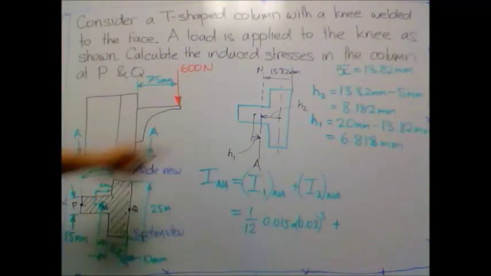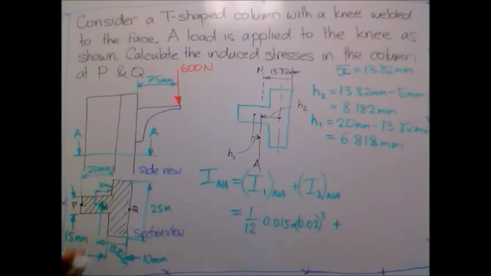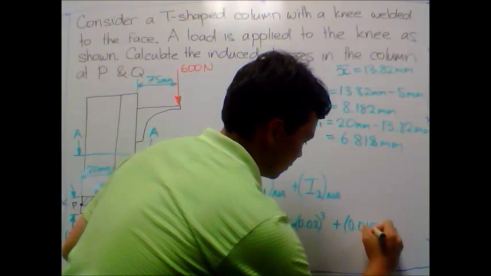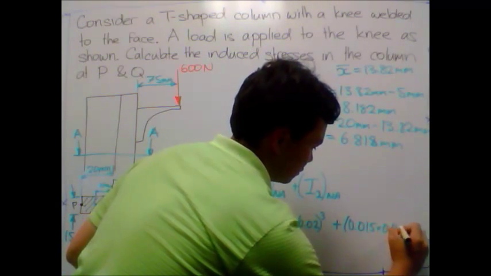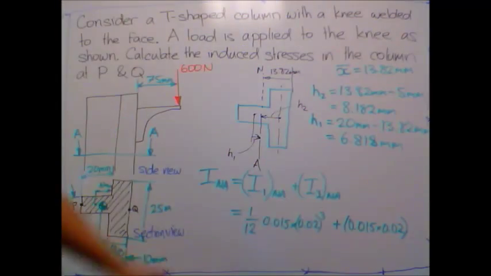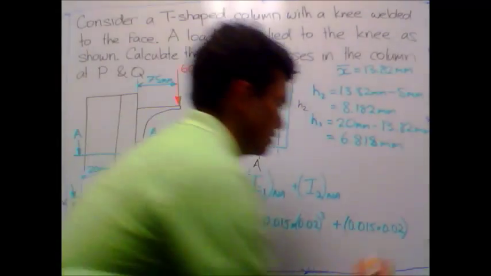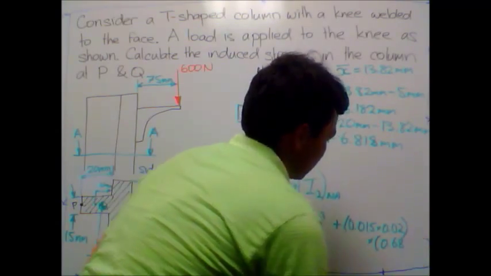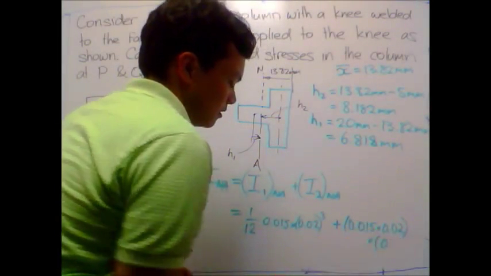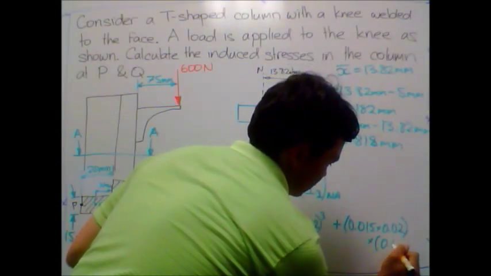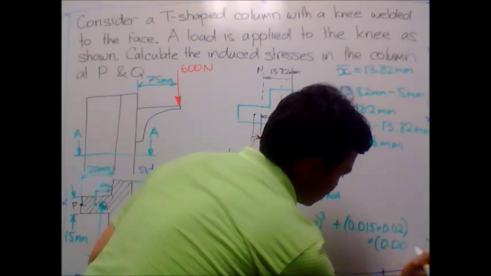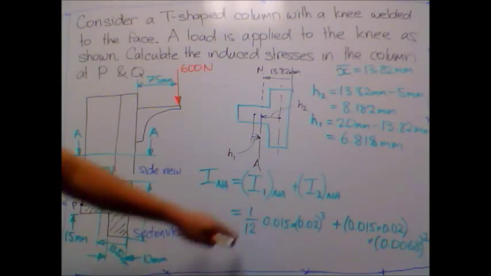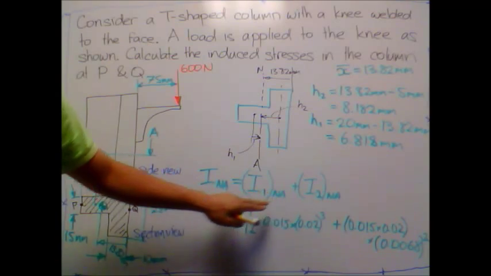The area of my shape is 0.015 times 0.02, times h squared, so times 0.006818 squared. That's my value of I1 around the neutral axis.